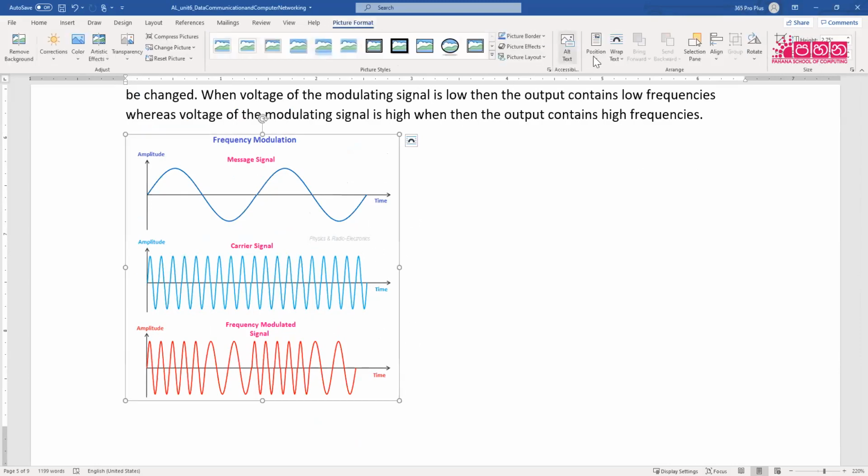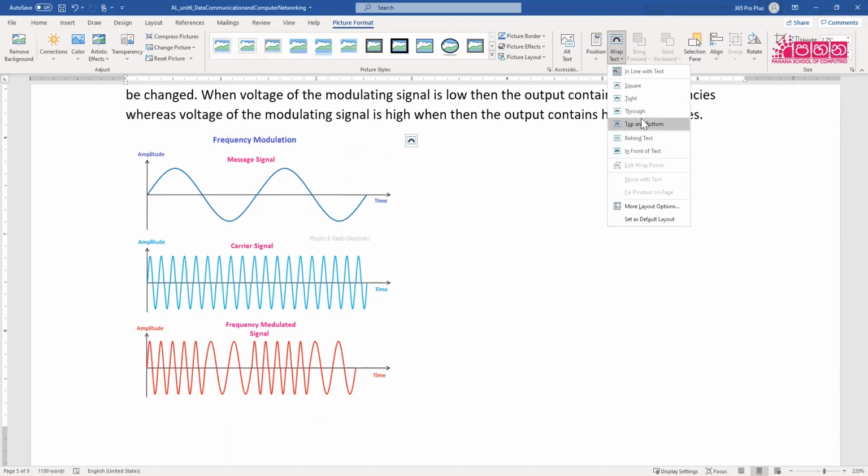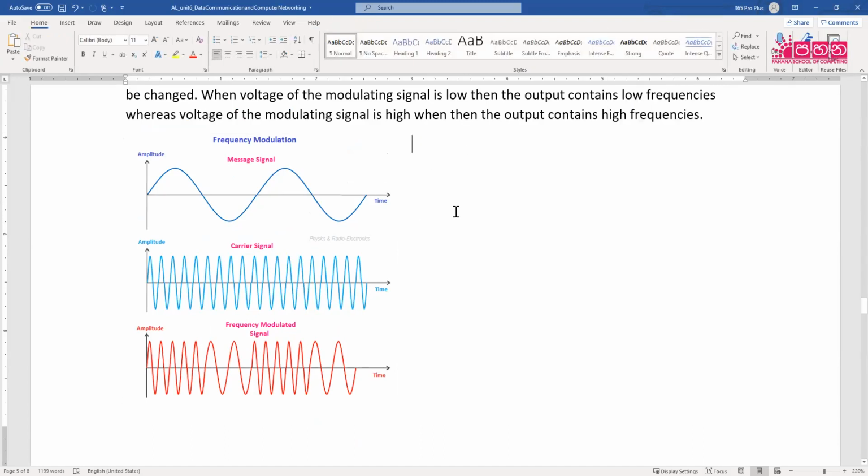So let's look at advantages and disadvantages of frequency modulation. So the advantages are like this.